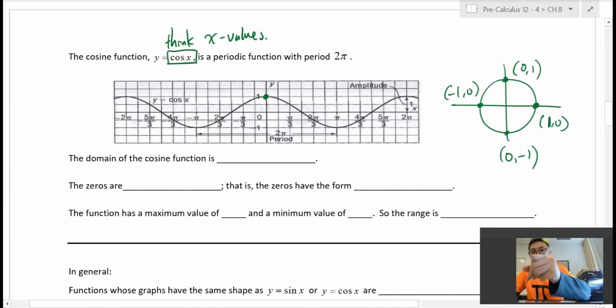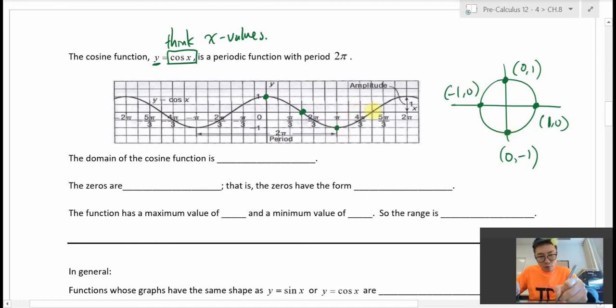So we think about the x value on the unit circle. However, that x value really is the y value on the graph. So be careful. At pi over 2, the x value, because we're looking at cosine, is 0. So you can see at pi over 2, the y value here is 0, right? At pi, the x value here is -1. So at pi, our y value here is -1. At 3 pi over 2, our x value is 0.